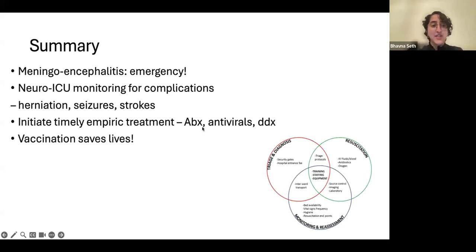And so in summary, this is an emergency. Intervene with medications and your diagnostic workup, and then continue to monitor for potential complications and vaccinate your patients where you can.